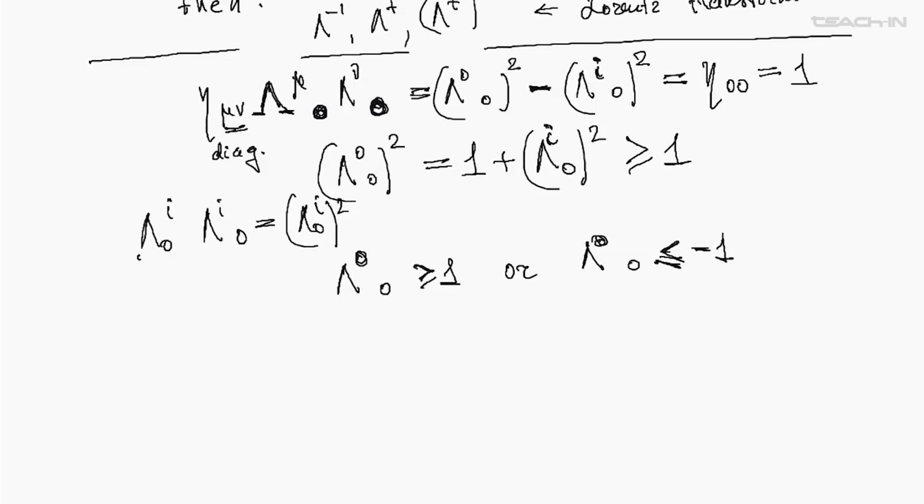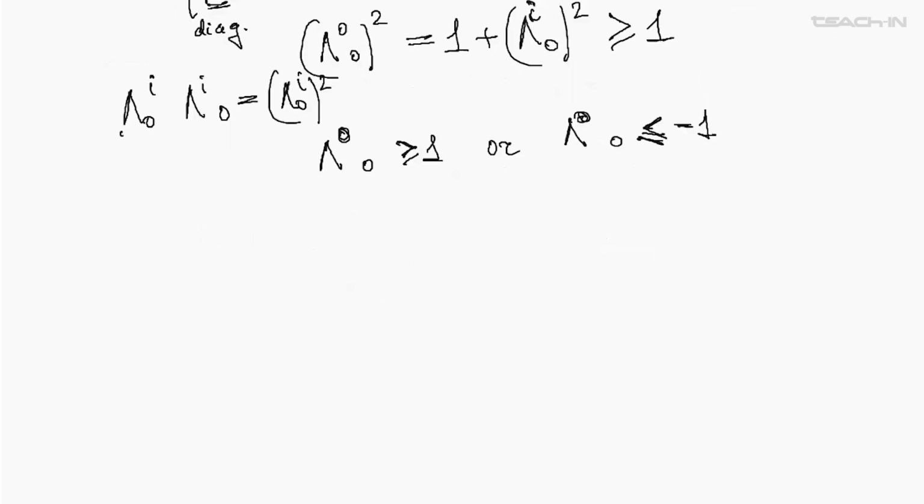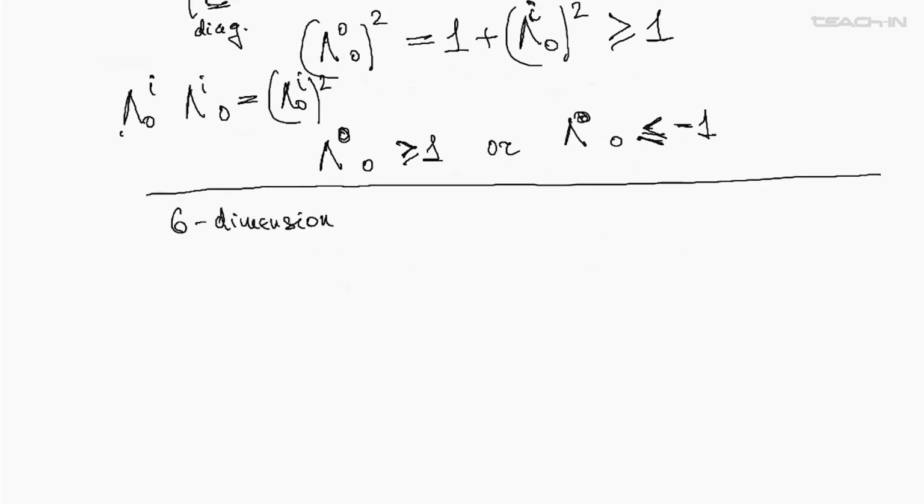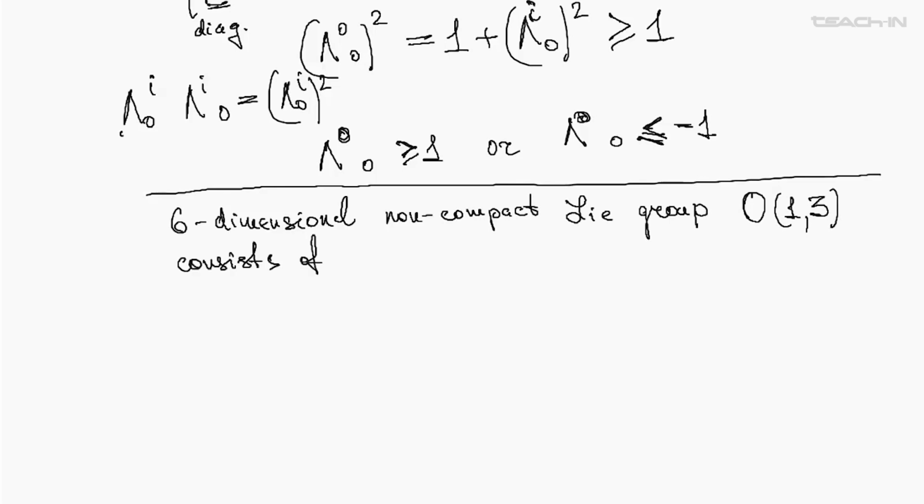It is a six-dimensional non-compact Lie group, whose mathematical name is O(1,3). And this group consists of four topologically separated spaces.